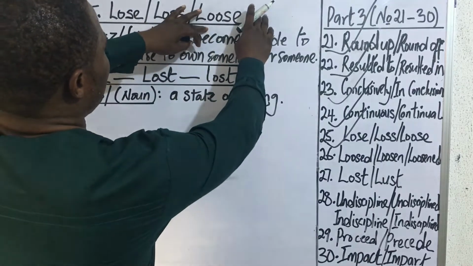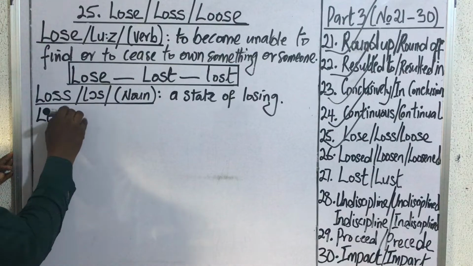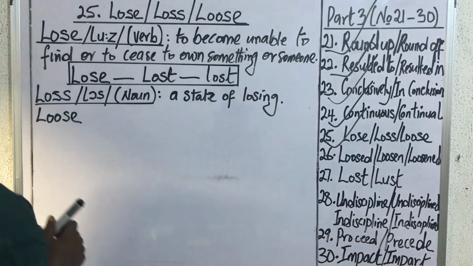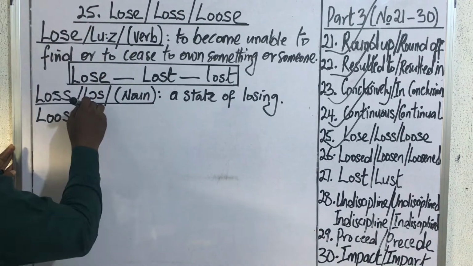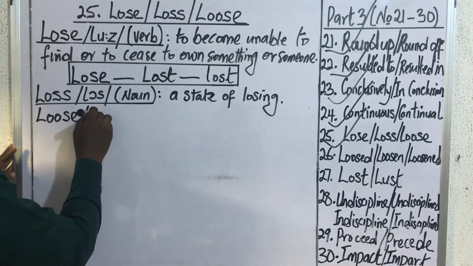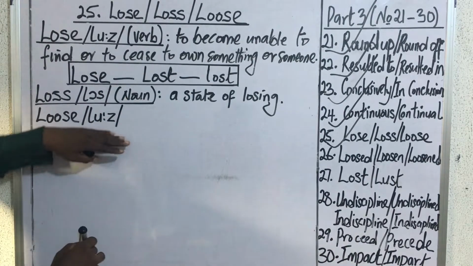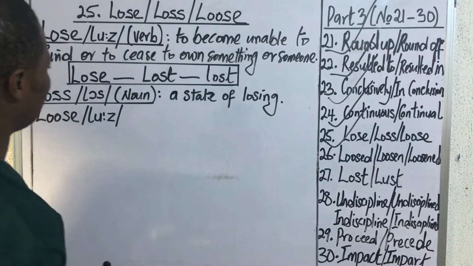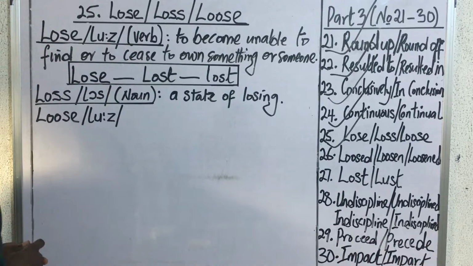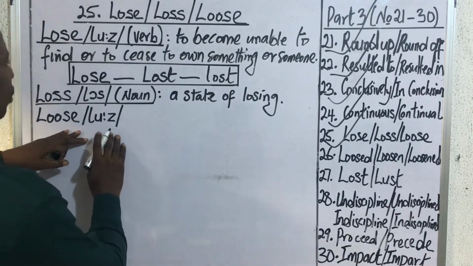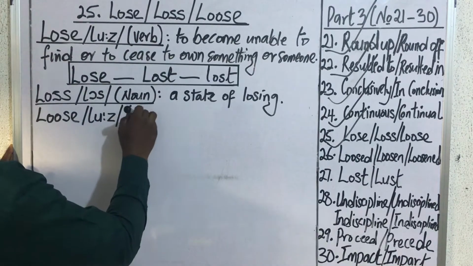Let's now talk about the third word on this list, which is loose. Again, this word has the same pronunciation as this first one. So, it is pronounced as L, long U, and then Z, which is what? Loose. And the word has two forms of usage. Okay? So, we can have loose as a verb, first of all. So, let's treat it as a verb.